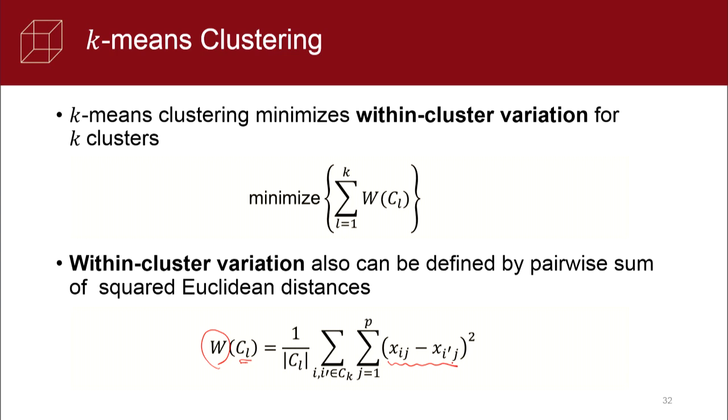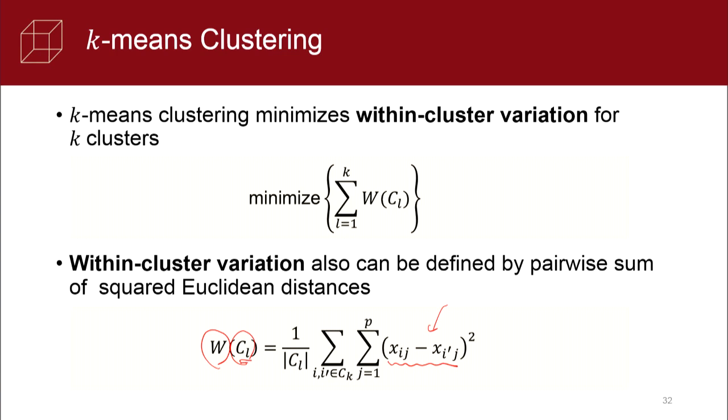You calculate the distance between two data points within a certain cluster C_l, take the square, and then sum them all.